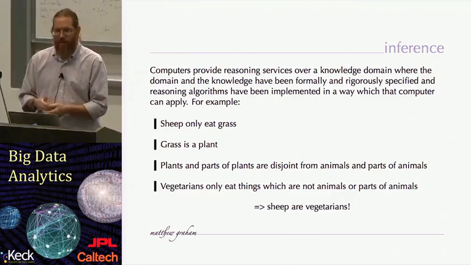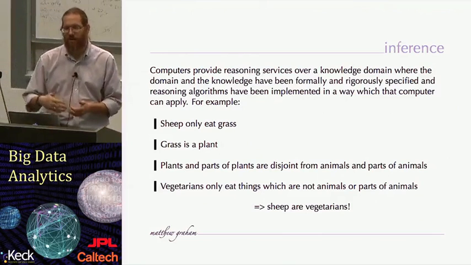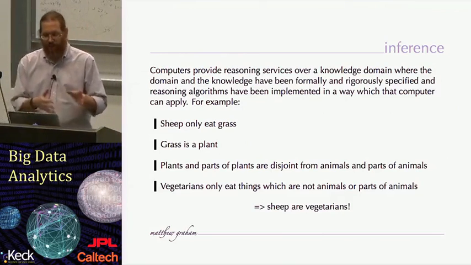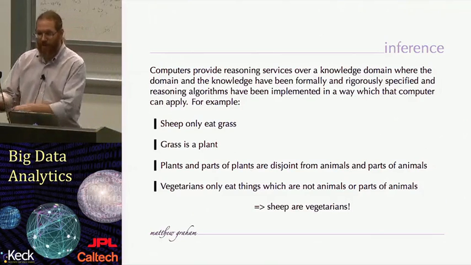So we can say that sheep only eat grass. We can say that grass is a plant. We can identify plants and parts of plants as disjoint from animals and parts of animals.